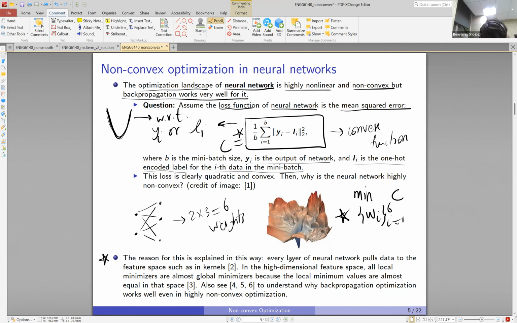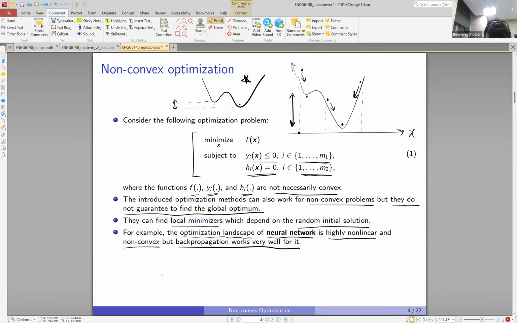Every layer of the neural network pulls data to a feature space, such as kernels. I think it's good for me to visualize it in this way. So consider this neural network. It goes from 2 to 3, and then again from 3 to 2.